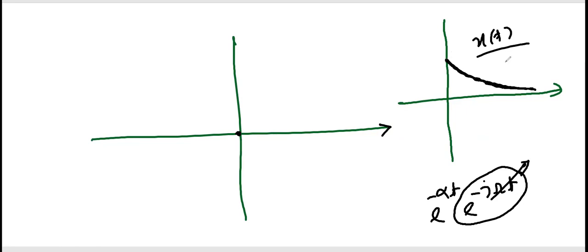Let's say the decaying factor is minus 0.3. So this is minus 0.3, and the xt will match at the location of alpha equal to minus 0.3 and at the location of y equal to 0, and that is the pole location.